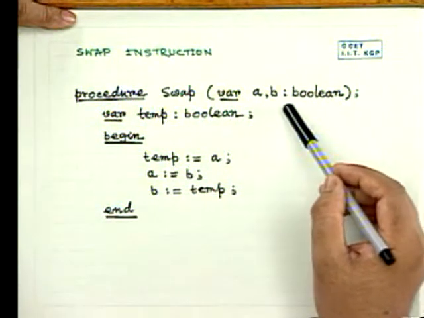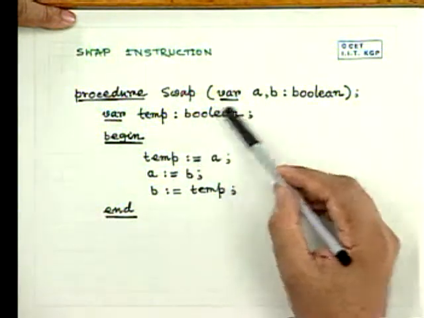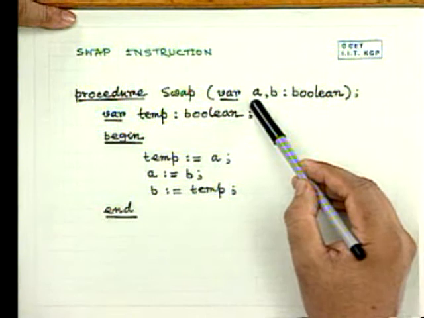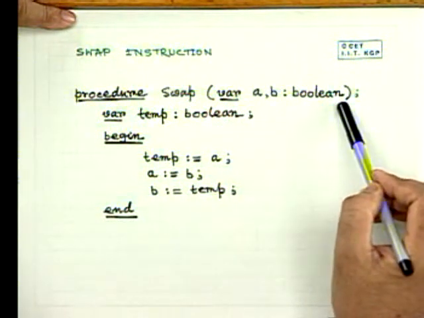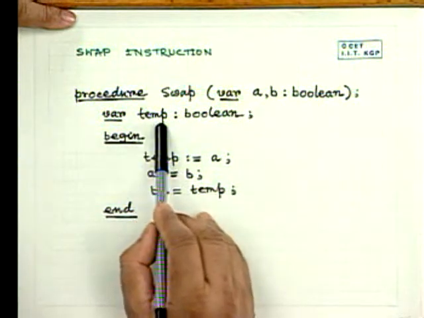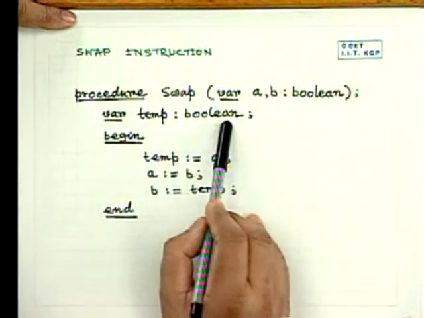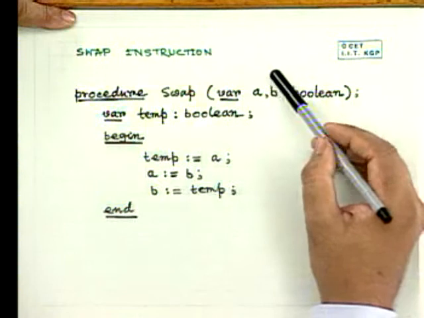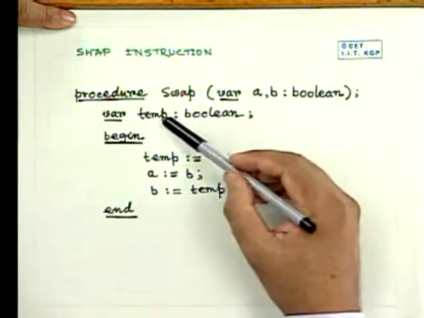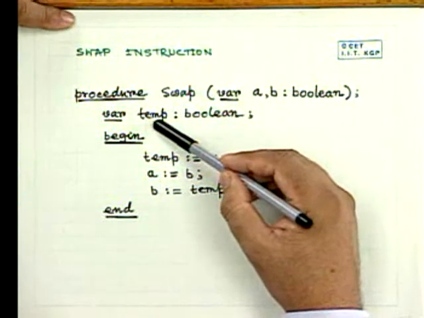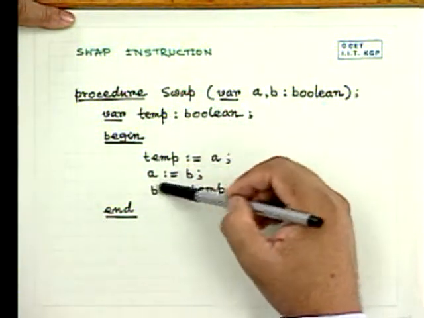Let's see that here we have two parameters A and B, both of them are Boolean, and we have a temporary variable which is also Boolean. That means through these parameters A and B we can send true or false values, and temporary is a local variable which can be used within this procedure.